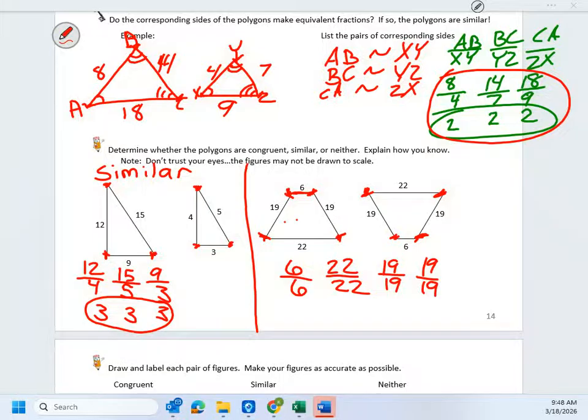They're congruent. So if, when you match them up, all of those corresponding sides are the same number, you know it's congruent. But this is proving it. So when it says explain how you know, that's how we know the numbers are the same.